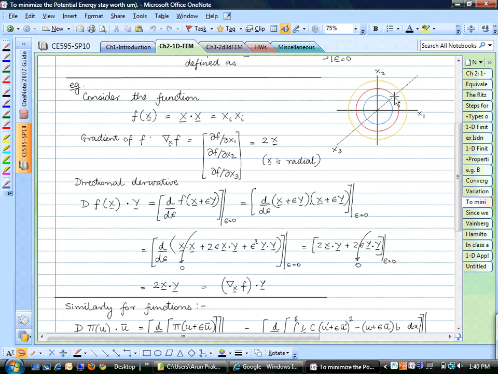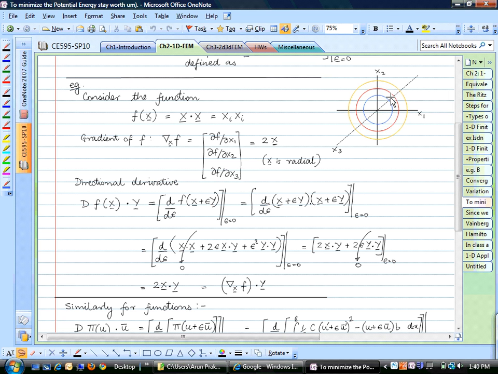So let's say I'm at a point here, and if my y is actually radial, then 2x dotted with y will give me the same maximum value of the gradient itself. On the other hand, if y is tangential, then x dotted with y would be 0. What that means is, if I move along the direction of the gradient, then the change in f will be maximum.